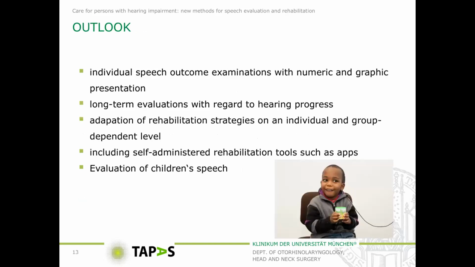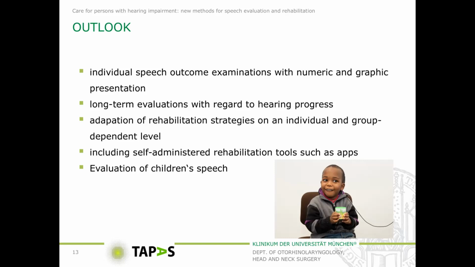So as an outlook, it's nice that we see that it's possible to see individual and group dependent outcome examinations with numeric and graphical representation of speech of the cochlear implant users. So we would like to do long-term evaluations with regard to the hearing progress, or with regard to the hearing loss the patients presented with. And then if we see these differences, we can adapt some rehabilitation strategies, maybe on the individual or on the group dependent level.